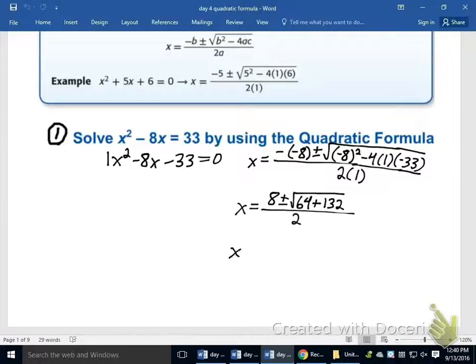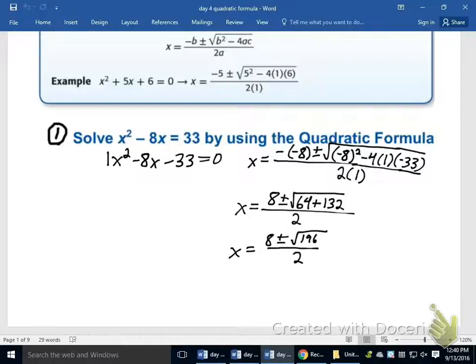I can add what's in the square root right now. What you never want to do is take the square root of 64 right here, because the addition will come before square rooting, because there's implied parentheses around the 64 plus 132. That's where a lot of people make a mistake. So when I add 64 and 132, I get 196.